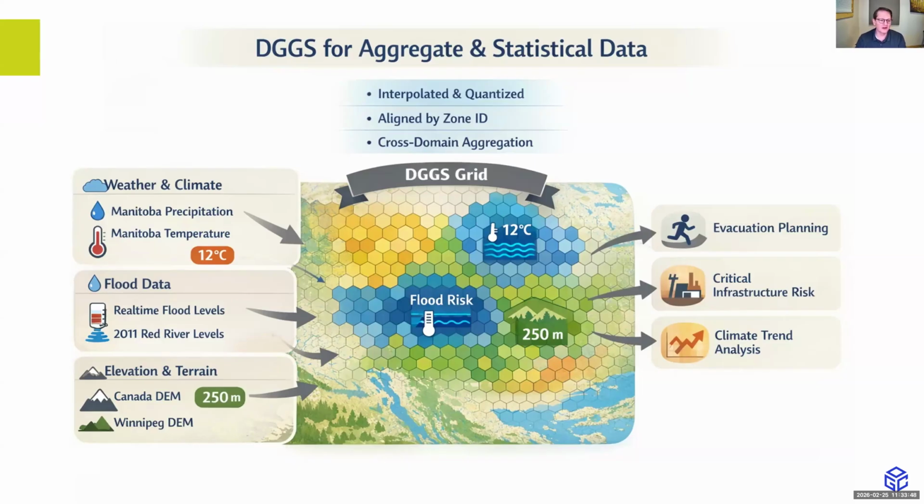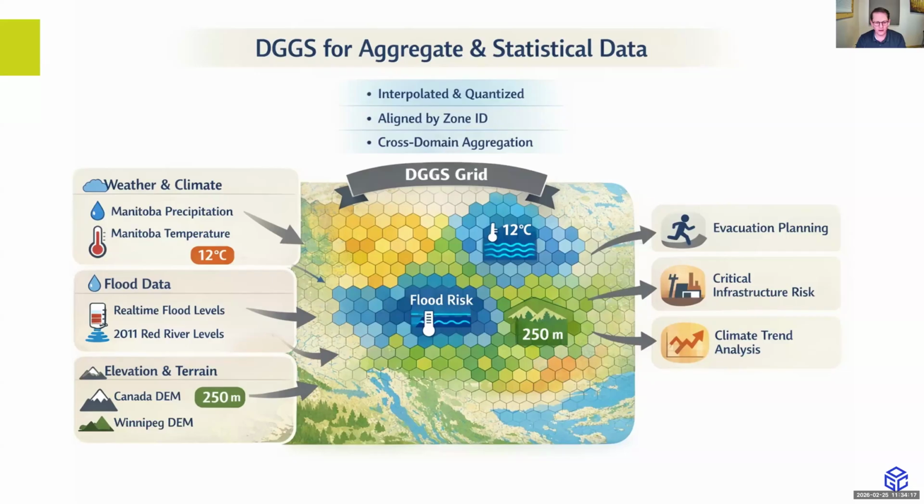So if you have multiple data sources publishing their data, or it's called quantizing, so basically taking their data and converting it into the values inside these respective zones, and they're all using the same DGGS, the same reference system, then these data sets come together automatically.